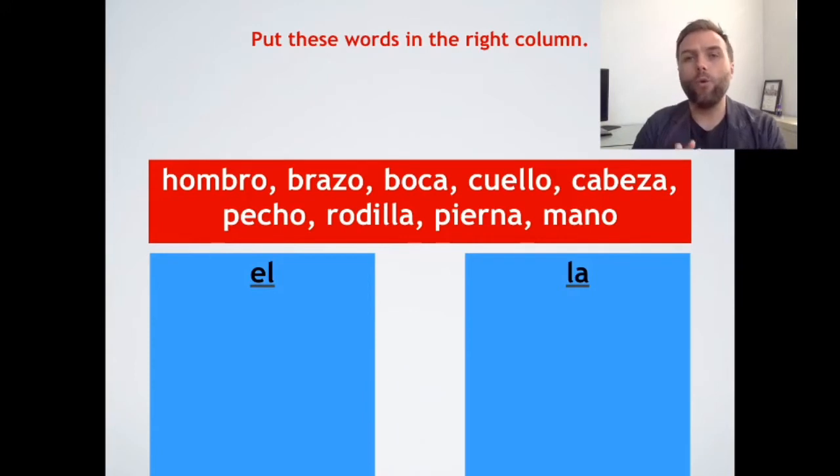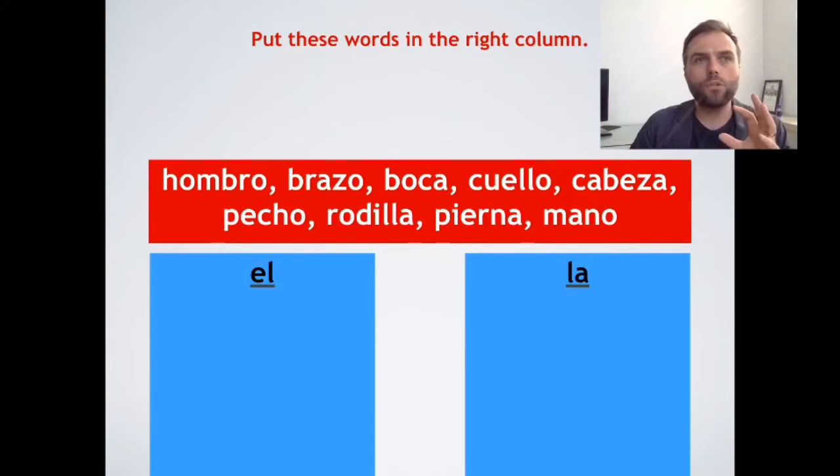And mano means hand, and mano actually goes with la. Okay, so that is an irregular, and we do need to be careful that some words are irregular. Okay, now usually at this point students are quite curious and they want to know more about this.